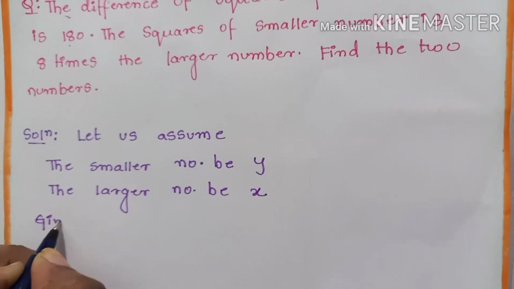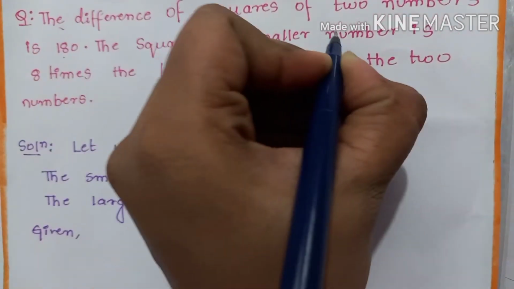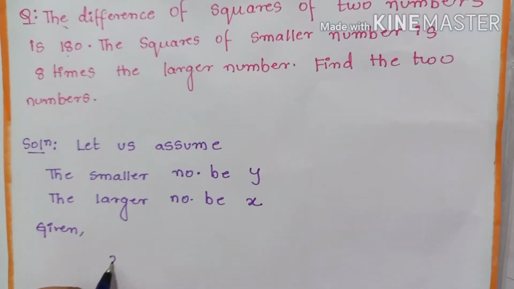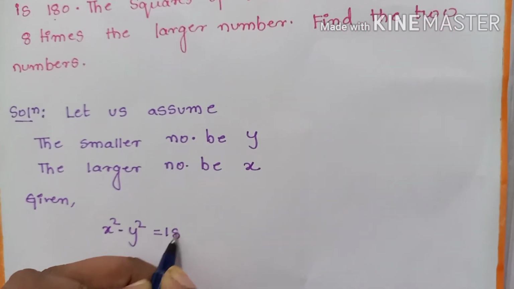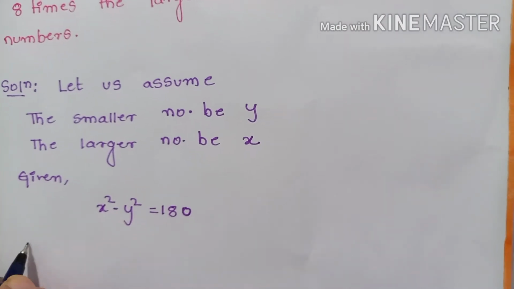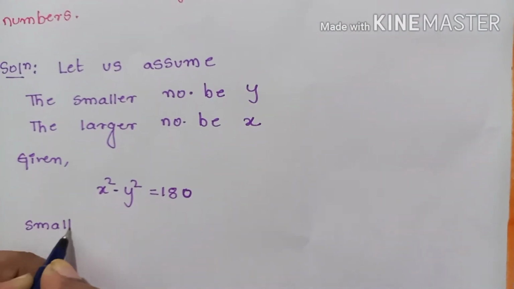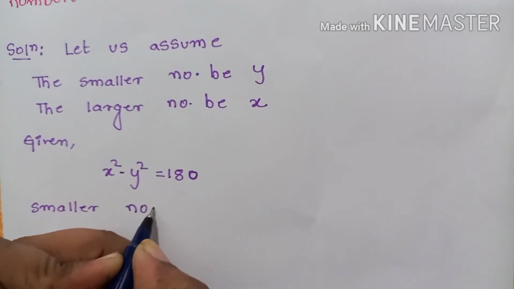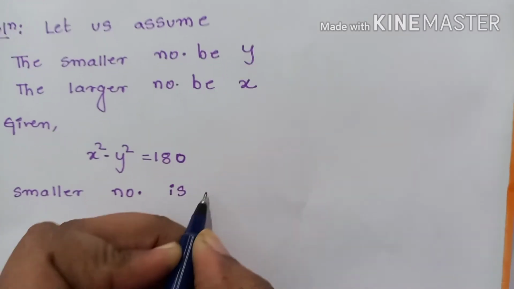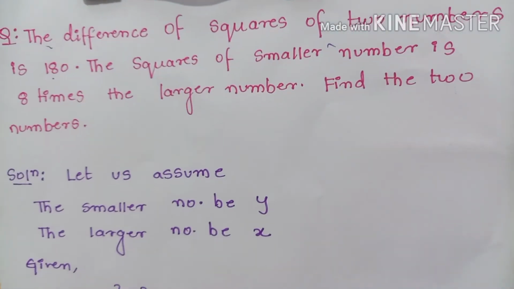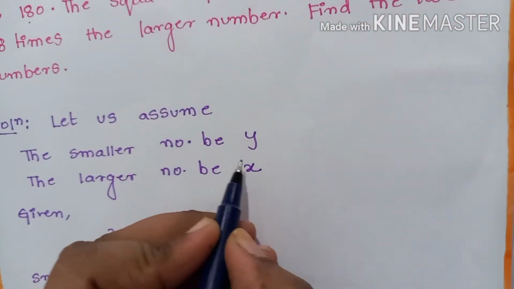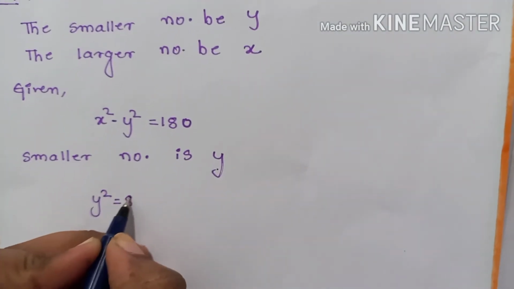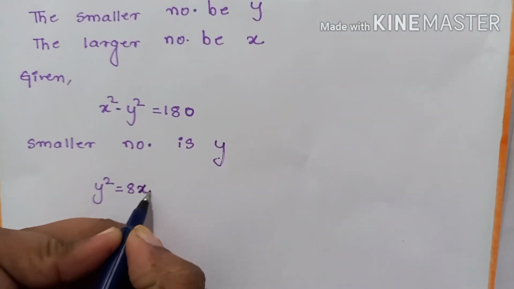Given by the problem, the difference of squares of two numbers is 180. So x square minus y square is equal to 180. Now we have the smaller number, which is y. The square of the smaller number is 8 times the larger number, that means y square is 8 into x, 8x.